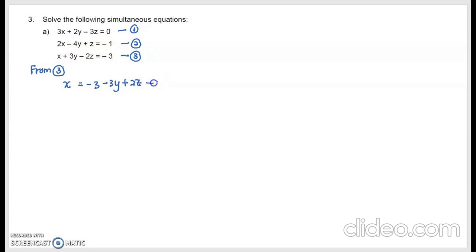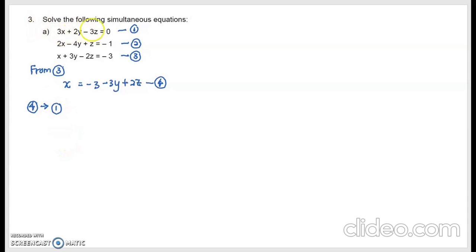Let's say I label this one equation 4. You have to remember that equation 4 comes from equation 3, so when we substitute, don't substitute into equation 3. We just substitute into equation 1 and equation 2. So next step, substitute equation 4 into equation 1.